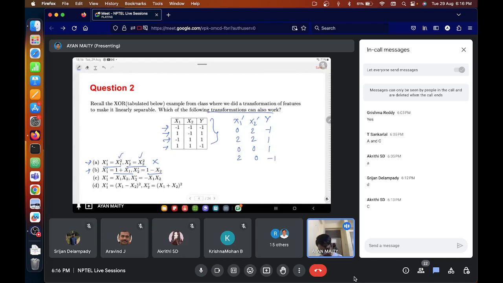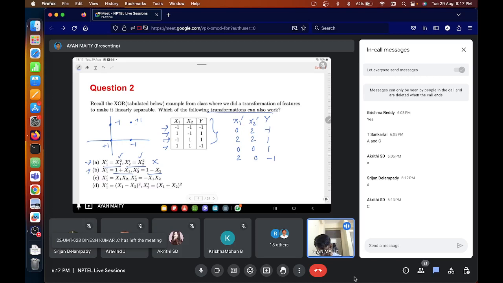Now if we plot these points, so 0 2, this is a minus 1 point, 2 2, this is a plus 1 point, 0 0 is a plus 1 point, and 2 0 is a minus 1 point.